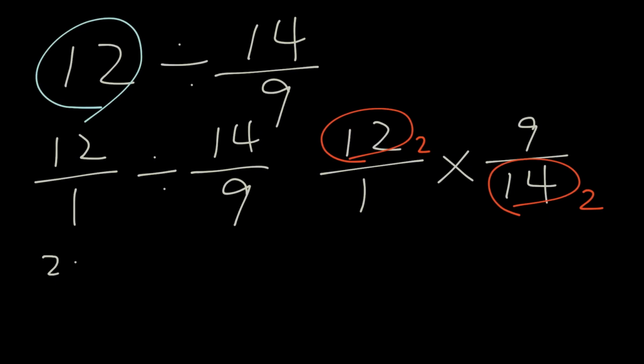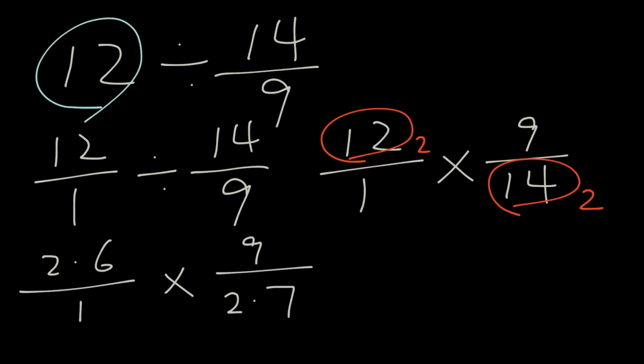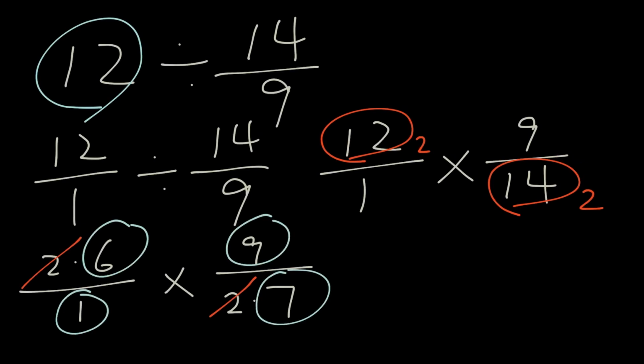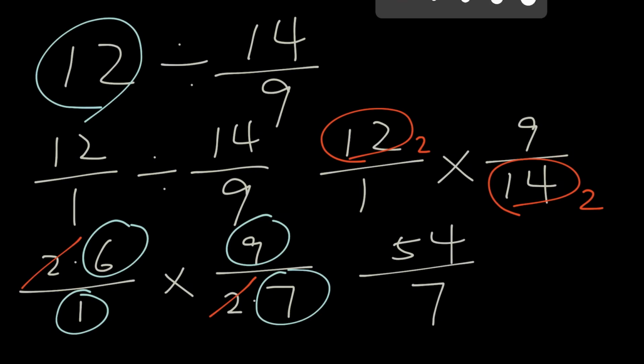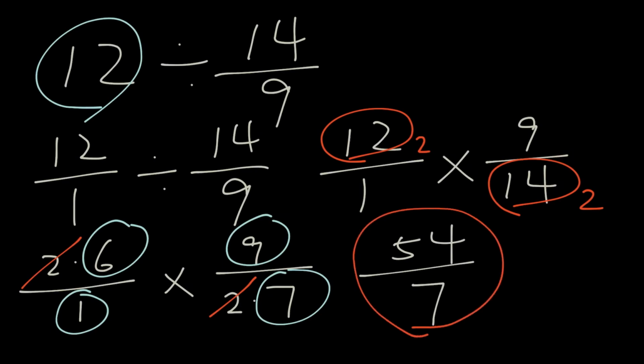So we can rewrite it like this. Now we can cross out the 2. And we are left with these. Then we just need to times them together. 6 times 9 is 54 over 7. And since we can no longer further simplify this, that would be our answer.